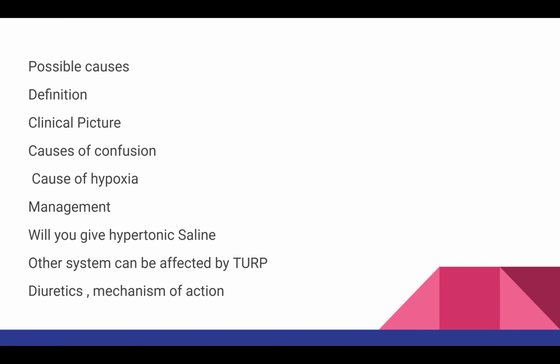Okay. So what other systems can be affected in TURP syndrome? Due to fluid overload, the central nervous system, the cardiovascular system, and also the renal system are affected.